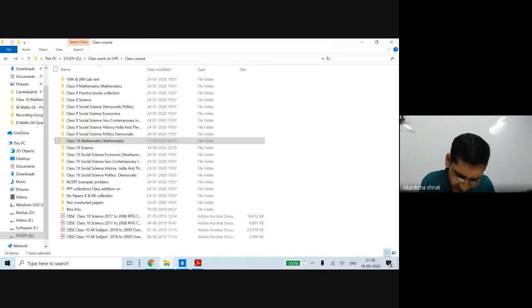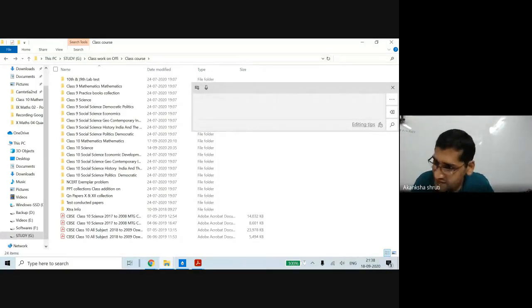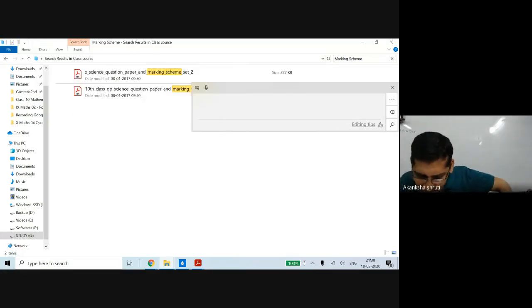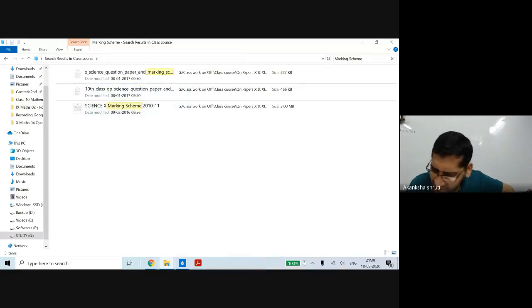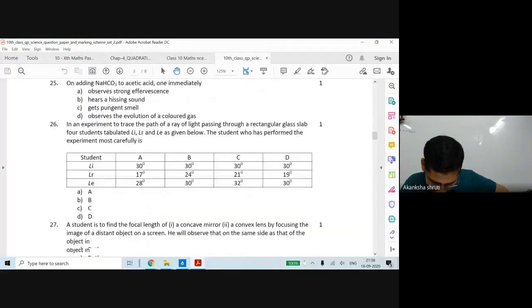Means in this folder there is nothing like that. हाँ, ये देखिए साइंस का मार्किंग स्कीम मिला, बट मैथ्स का नहीं मिला लग रहा है.